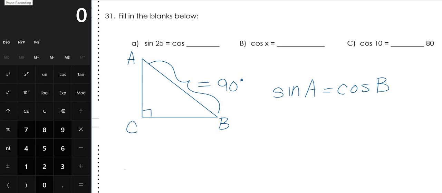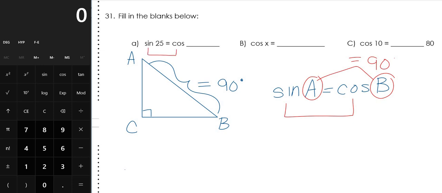So you'll notice in this rule, sine and cosine are those opposite functions. And then A and B always have to add up to 90 degrees. We're going to use this little rule to come up with the answers for A, B, and C. Now, in the first one, you'll notice we have a sine and then a cosine.